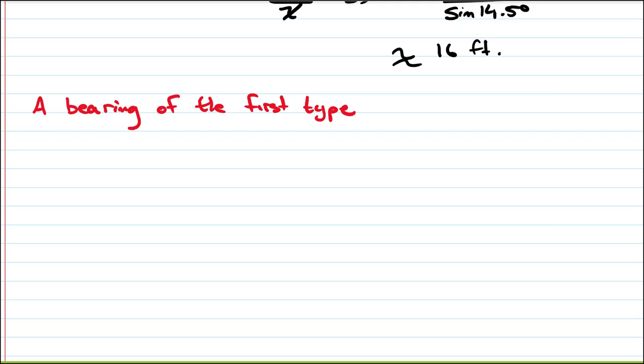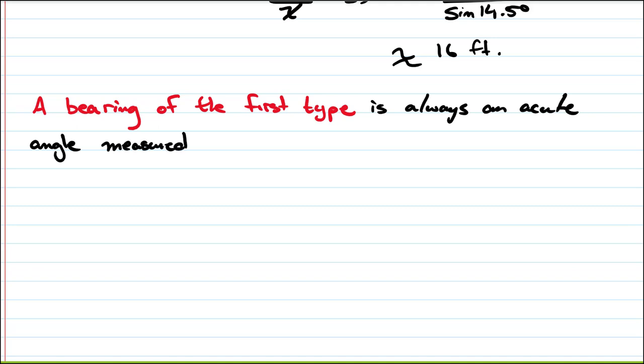So a bearing of the first type is always an acute angle measured from the north-south line.